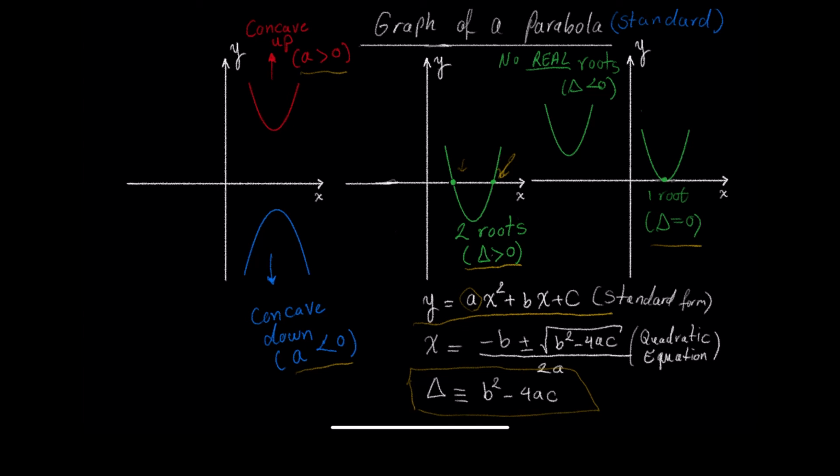If delta is negative, that means that what's under the square root is a negative number. We don't have a real root in that situation. Therefore, there are no x-intercepts. There are zero real roots. And when delta is zero, we get exactly one root. We also call that root the redundant root or the repeated root.